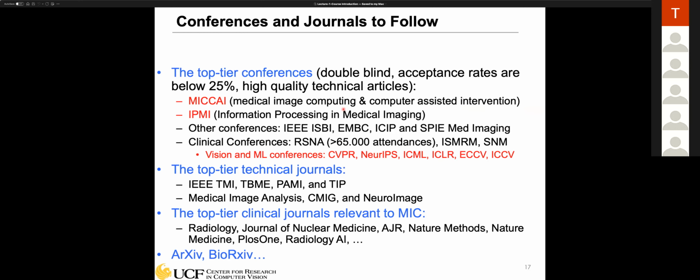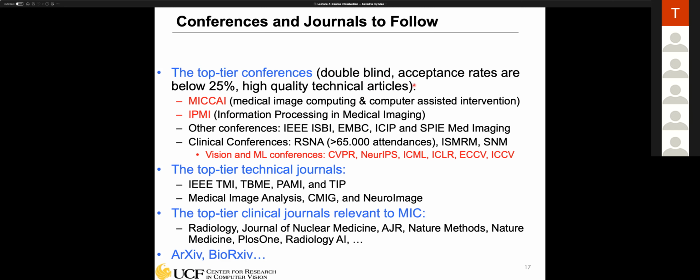Okay, there are also a couple of conferences and journals to follow in the medical image computing field. Of course, we want to follow the top quality conferences and journals. The top tier conferences all have a double blind review process. Basically, when you are the author submitting the paper, you don't put your name and affiliation, so the reviewers don't know who the authors are. And likewise, you don't know who the reviewers are.